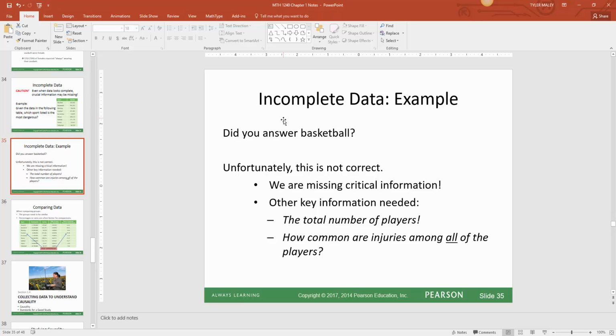Here we're missing critical information. We need to know the total number of players, and then how common injuries are among all the players. So if I play basketball, what's the percentage of people that get injured? How likely is it to happen?